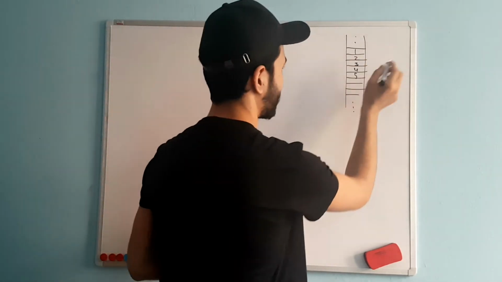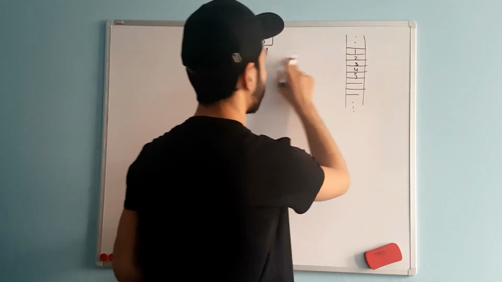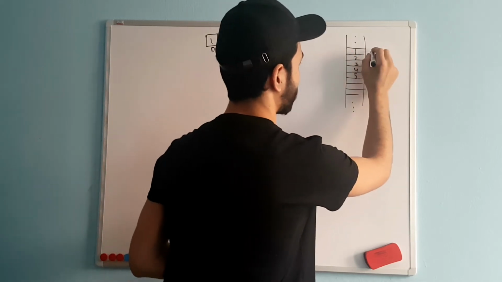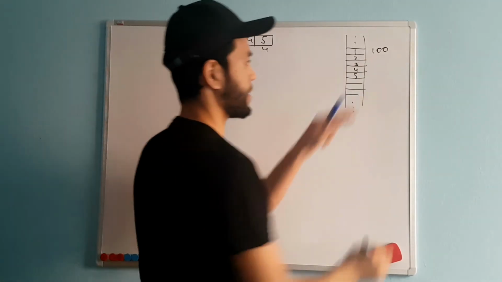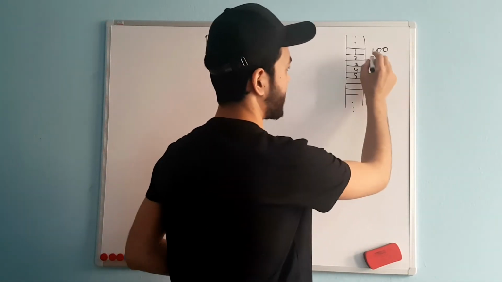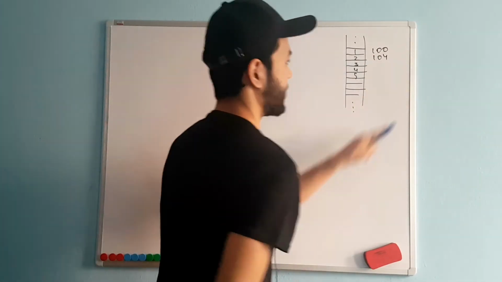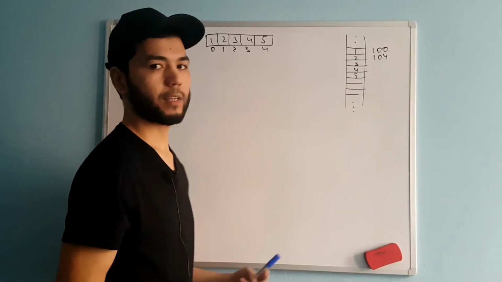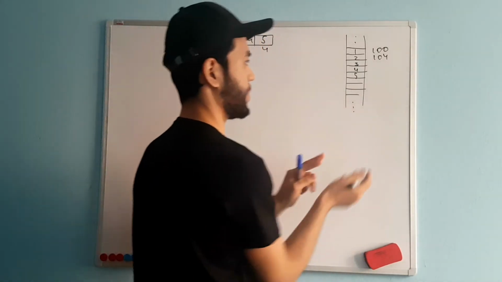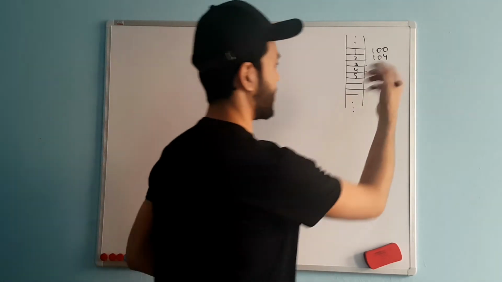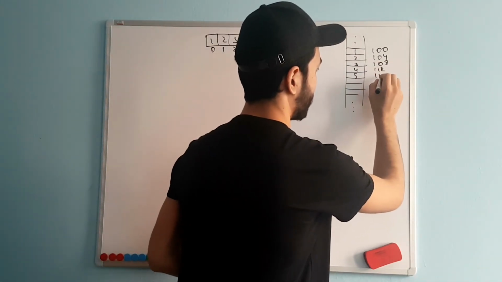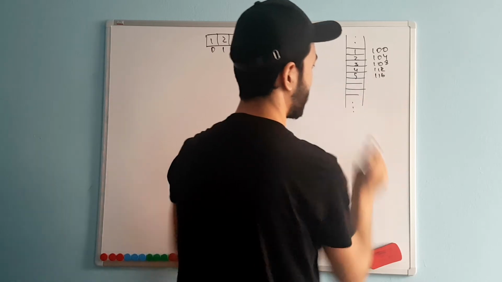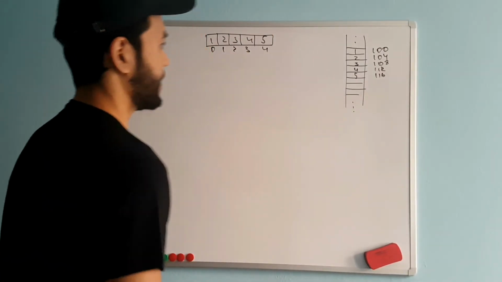If we take the first address as 100, the next address will be 104, because we have 4 bytes. Therefore the addresses will be +4 and +4 and +4, like this: 8, 12, and 16, like this.